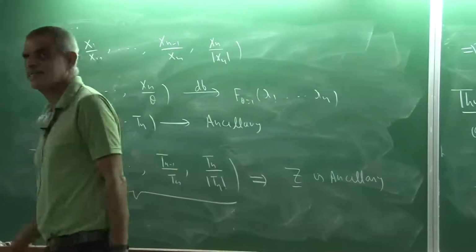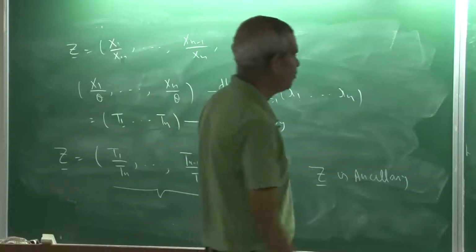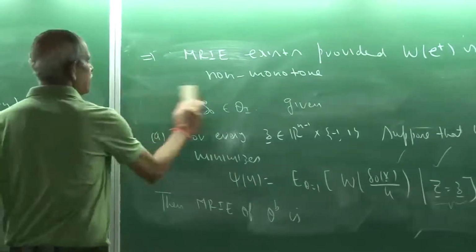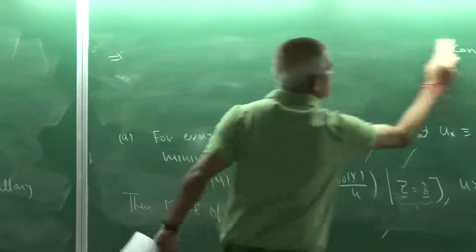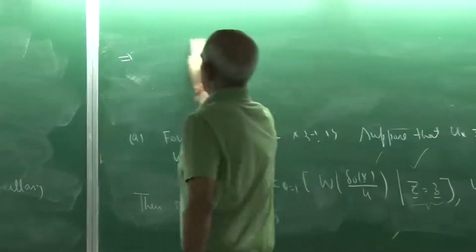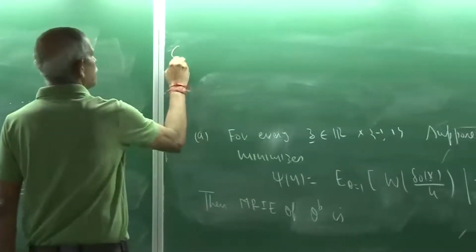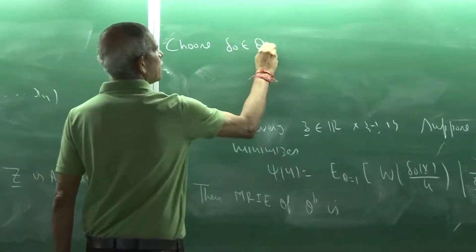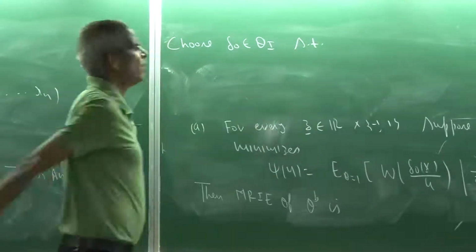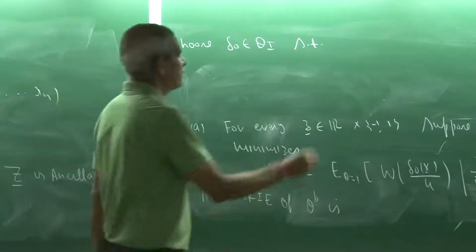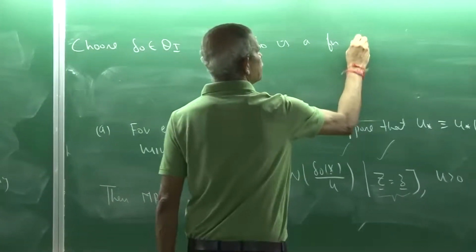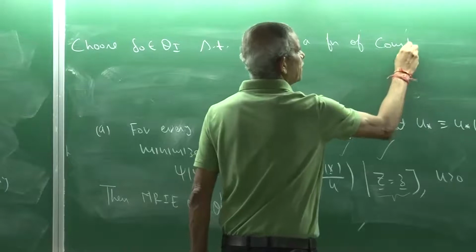So this suggests that I choose delta naught to be a function of a complete sufficient statistic. So I choose delta naught belonging to D such that delta naught is a function of the complete sufficient statistic.